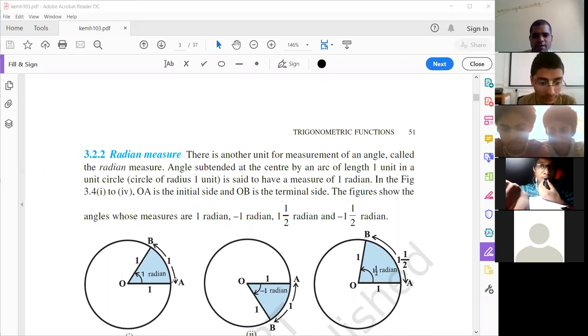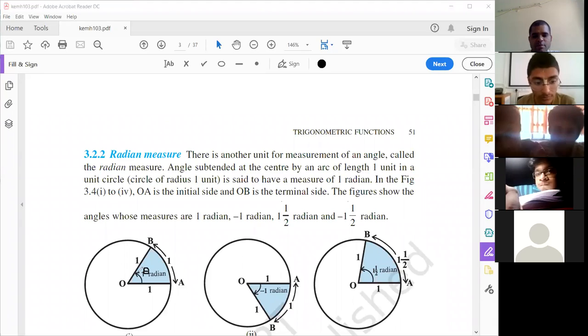So if we take an arc along the circumference of the circle and length of that arc is 1 unit, this length BA, so the angle which that arc subtends at the center O, ये angle subtend करेगा theta. So this angle will be 1 radian.